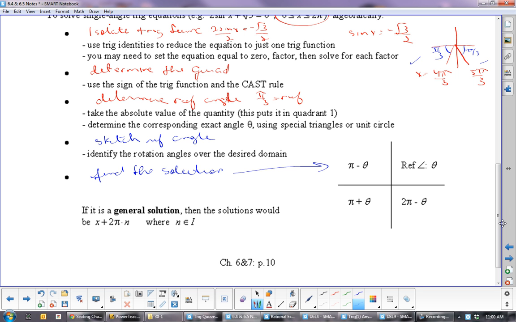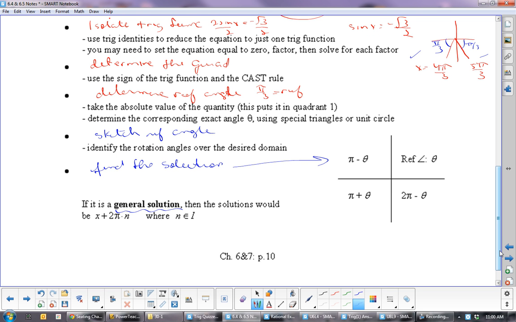Now, if you're ever doing a general solution, that is over a domain of the reals. So, in this case, this is for sine, and cos.